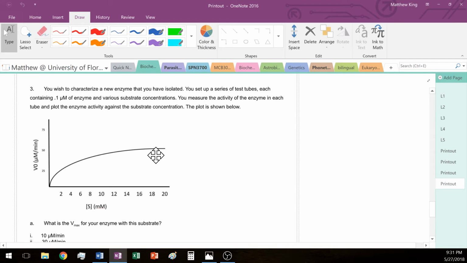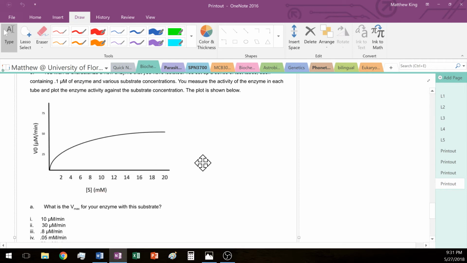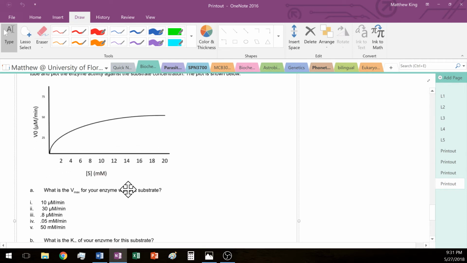And you can still tell some nice things even though we're dealing with curves and they might be a little bit intimidating. But this problem is going to show why there's still useful things you can point out right here. So if we look at A, it says, what is the Vmax for your enzyme with the substrate?